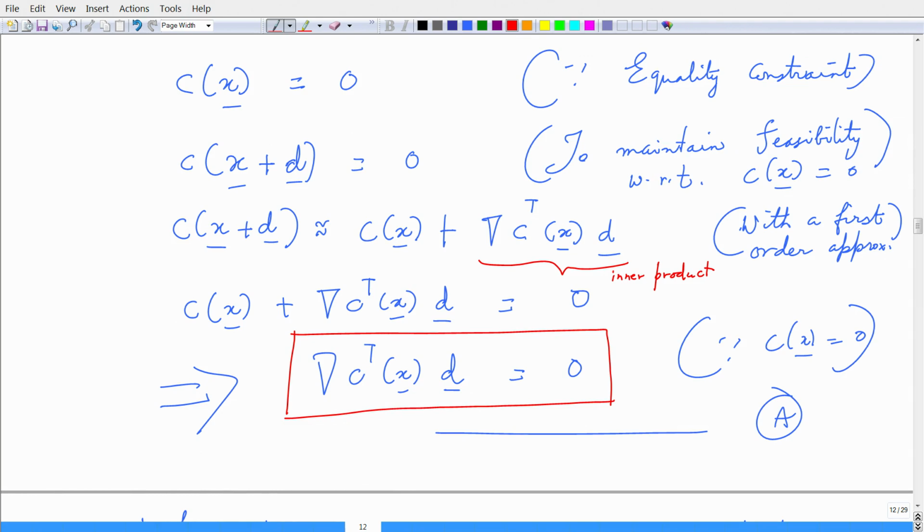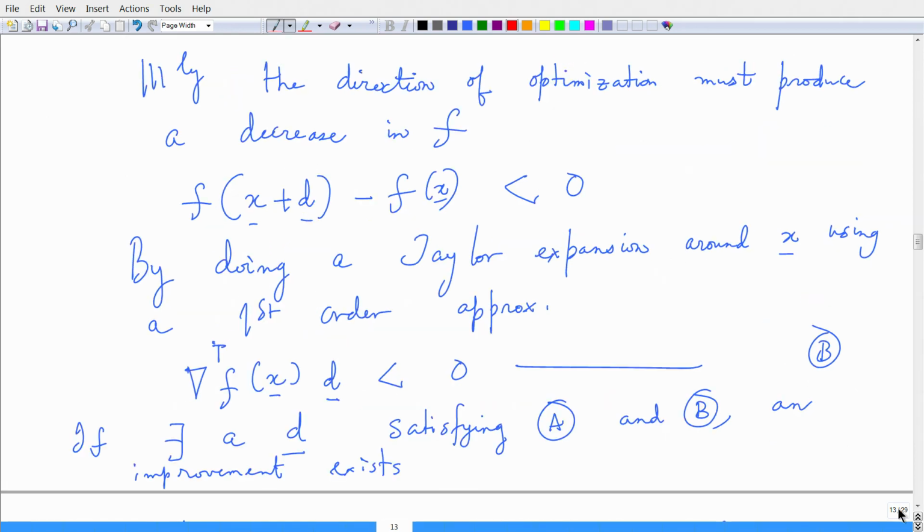I call this equation A. What this means is, if I have del C pointing in some direction evaluated at x, and I have a direction d that I have to choose, they have to be orthogonal. This is implied from this equation.